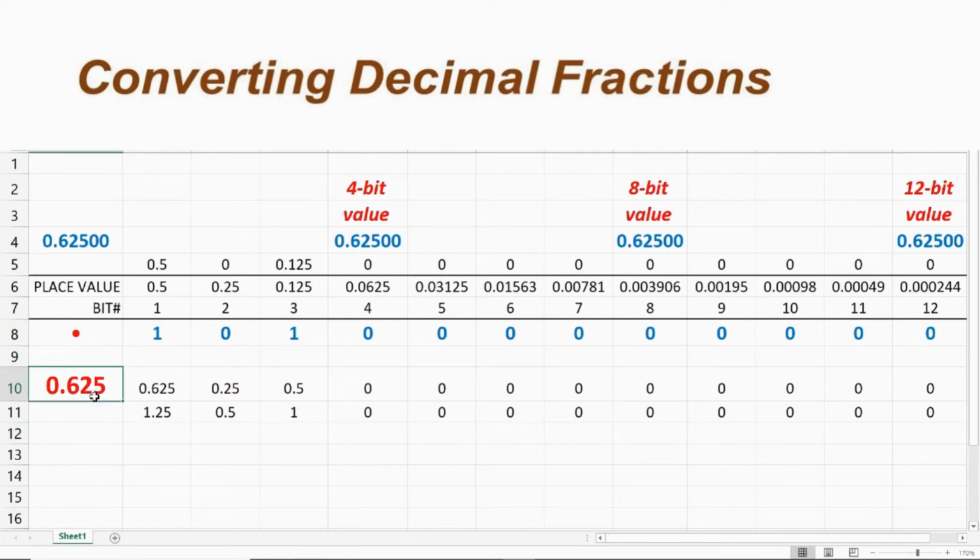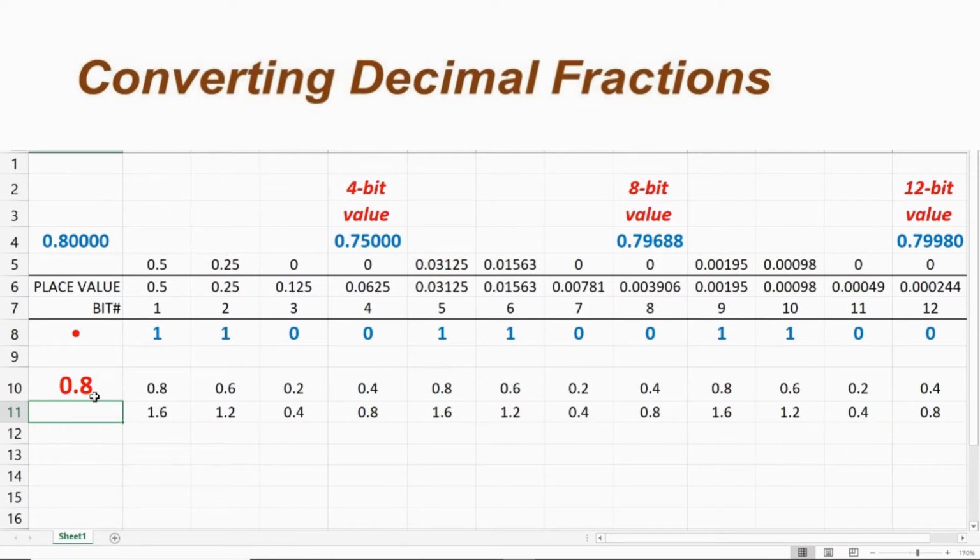Now let us try a different number. Let's try something like 0.8. I take 0.8 here, multiply by 2, 1.6. 1 goes here, 0.6 comes here. Multiply 0.6 by 2, I get 1.2. 1 goes here, 0.2 comes here. Multiply that with 2, 0 goes here, 0.4 comes here.